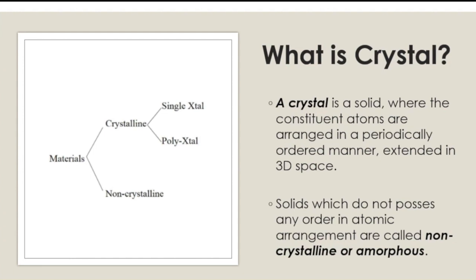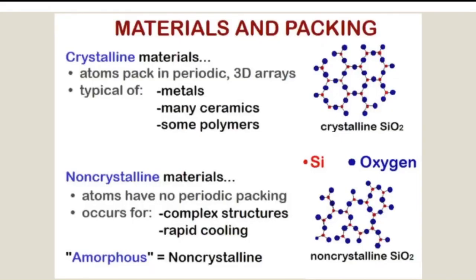While the atoms in a solid, if they are not arranged in any possible periodic manner, then they will be non-crystalline, and they are also termed as amorphous solids. So the crystalline materials or crystalline solid can be metal, ceramics and polymers.